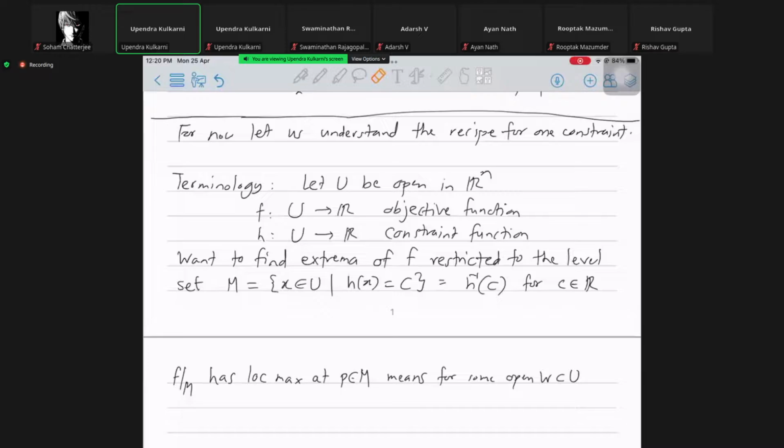That's nonsensical. Thank you very much. So these are real valued functions. Now I'm trying to maximize or minimize them, so they're real valued functions. The set U is open in R^n. Thank you for that. Okay, so what was I saying?